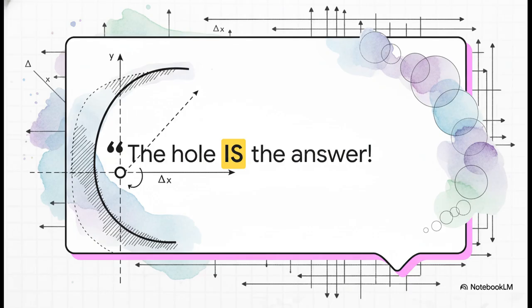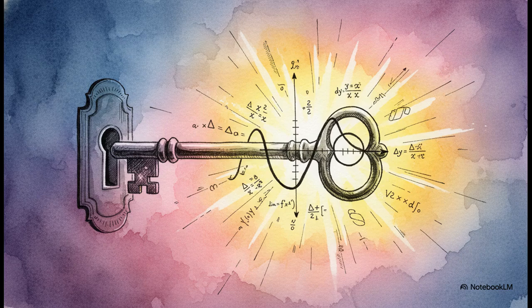The precise slope of a curve at a single point, something that without this trick would be literally impossible to figure out. So that missing pixel, that little error your calculator spits out, it's not a mistake you should just ignore. It's a clue. It's really the gateway to understanding one of the biggest, most powerful ideas in all of math, the very nature of change itself. And it all starts right here, with finding that one little hole.